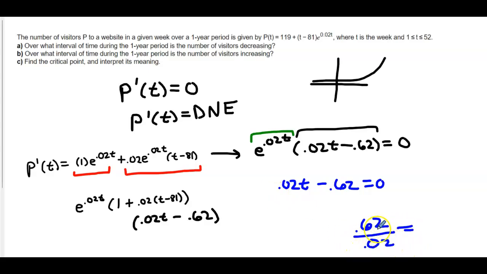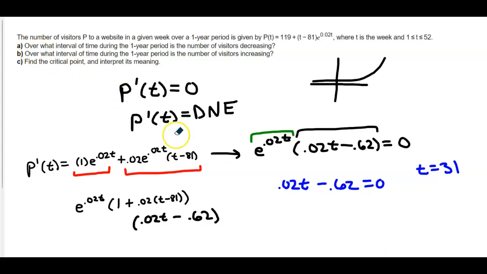And that should give us, let's see, 31. So t equals 31 is the critical value. We should verify that is in fact on the interval. It is. We're only looking at values of t between 1 and 52. So t equals 31 should be the critical point we're interested in.